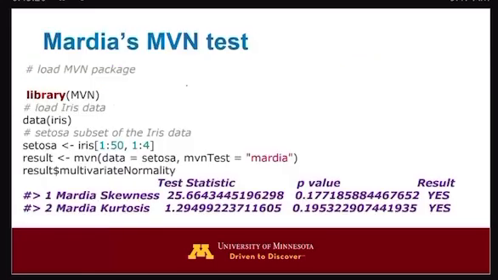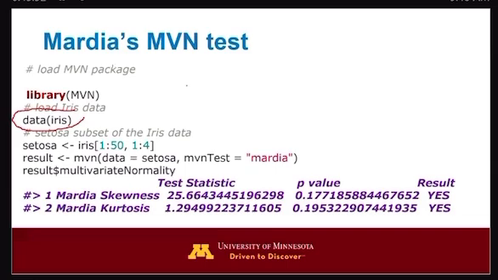Another one is the Mardia MVN test. This test is also testing for skewness and kurtosis. Now, I'm using a real life data set here. If you load the MVN package and you have access to the iris data, of course, you'll be using iris data a lot in the statistical world.